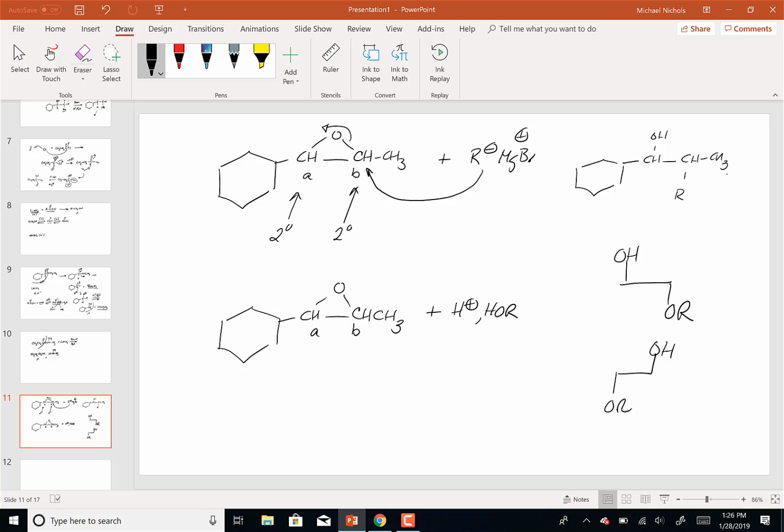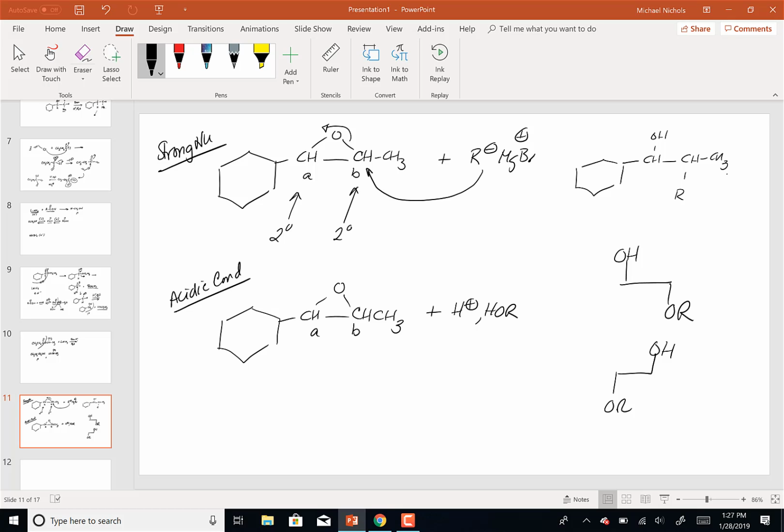So what we need to do is compare and contrast these two reactions. One, where I'm going to redefine the term and say we add a strong nucleophile to an epoxide, and the other one is going to be under acidic conditions.